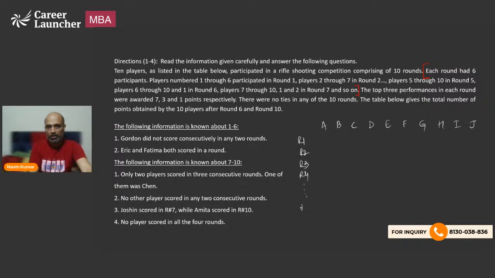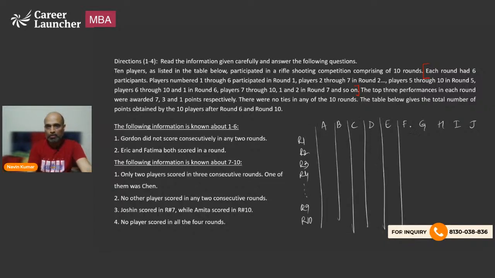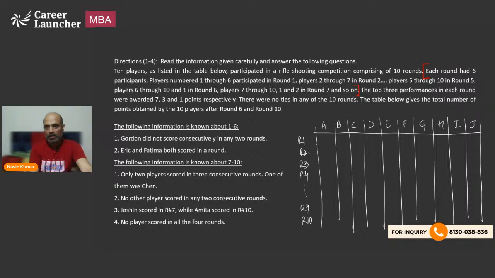This will continue, round number 9, round number 10. Now, once we have drawn the matrix, which will be a huge one, it will most probably take the entire A4 sheet in the exam, because this is an actual CAT question.